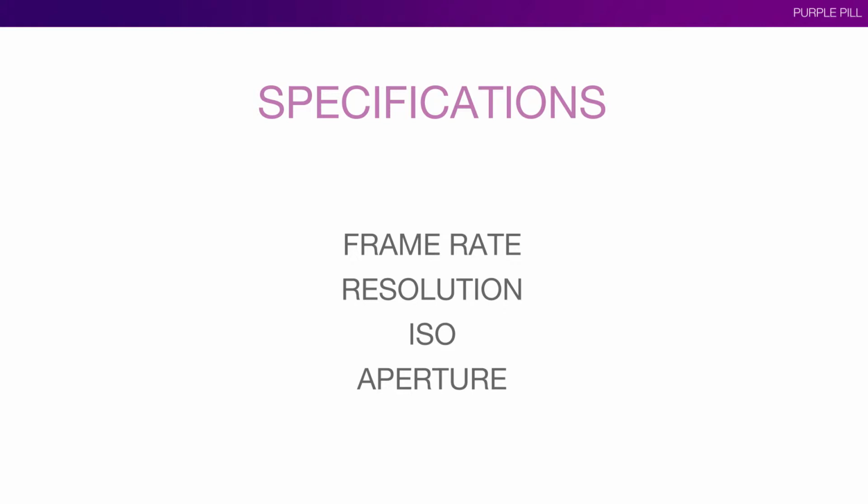Resolution. It's the amount of pixels apparent in your image. When watching a stereo 360 video in a VR headset, you want to have at least a resolution of 3840 by 2160 pixels. This is something to keep in mind. You'll need your camera to output a high resolution. ISO. ISO stands for International Standards Organization, and it's a standardized industry scale for measuring sensitivity to light.